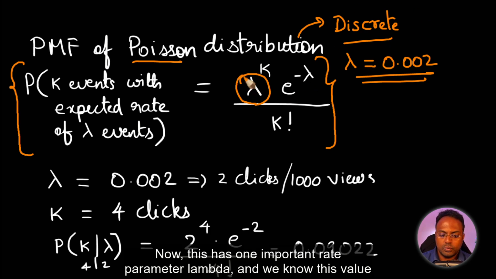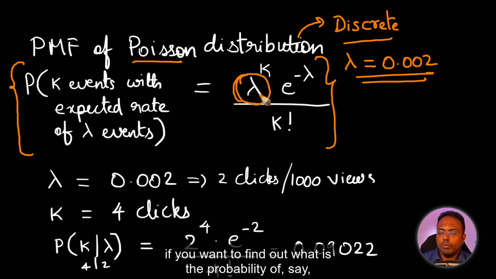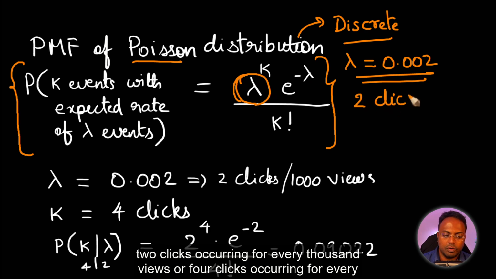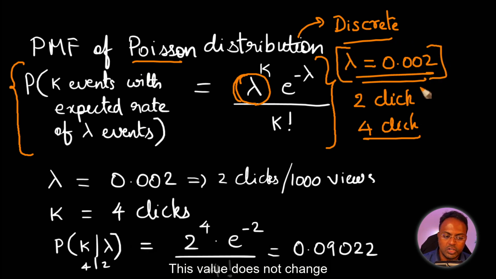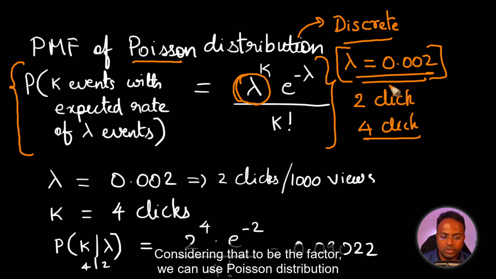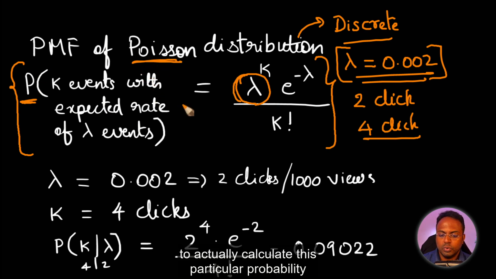So this is a discrete probability distribution. Now this has one important rate parameter lambda, and we know this value. Given this lambda, given this rate, if we want to find out the probability of, say, 2 clicks occurring for every 1000 views or 4 clicks occurring for every 1000 views, considering the rate parameter to be constant throughout, that this value does not change, we can use Poisson distribution to calculate this probability.